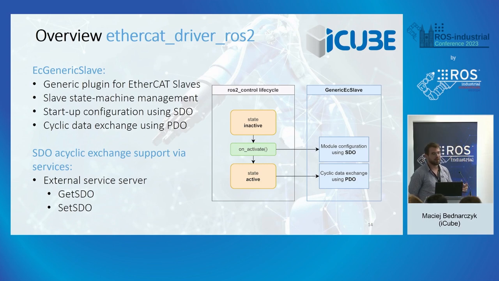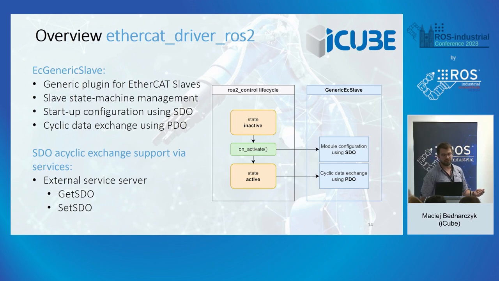is the generic plugin to configure and interact with EtherCAT slave components, and to do the state machine management, to start up and configure using the SDO to configure the module itself, and then do cyclic data exchange using PDO.